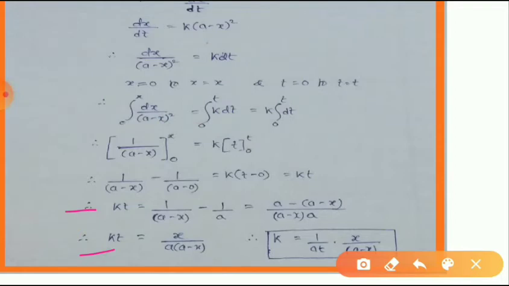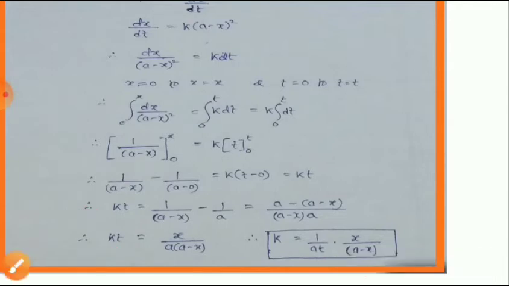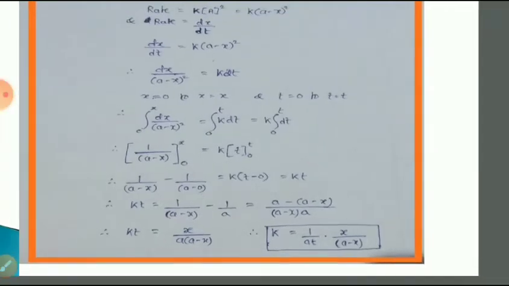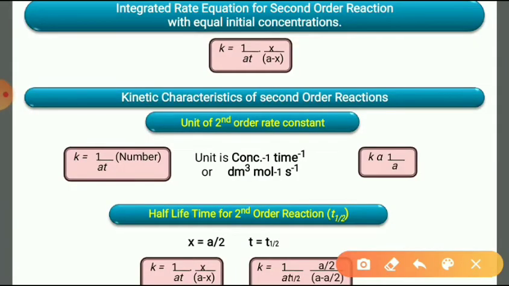Again if you modify this equation to get the value of k, we can have k equal to 1 upon at into x upon a minus x. So this is the integrated rate equation for second order reaction with equal initial concentrations. So we obtained the integrated rate equation for second order reaction with equal concentration. That equation is this.